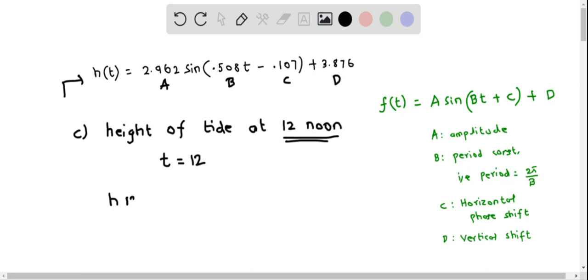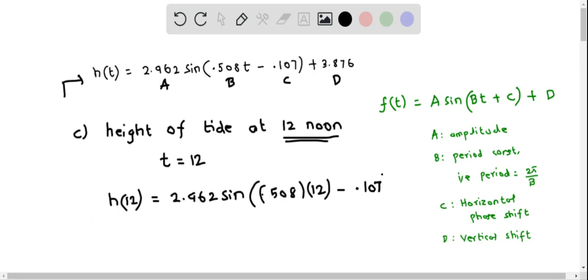We get h of 12, and this equals 2.962 sine of 0.508, multiplied by t, which is 12 now. We replace t by 12, minus 0.107, plus the vertical shift, that is 3.876.